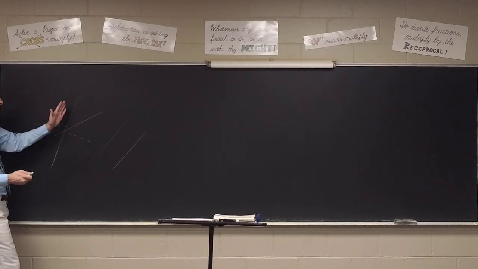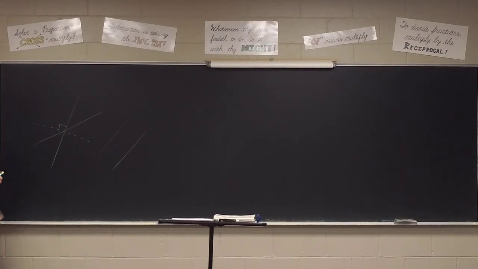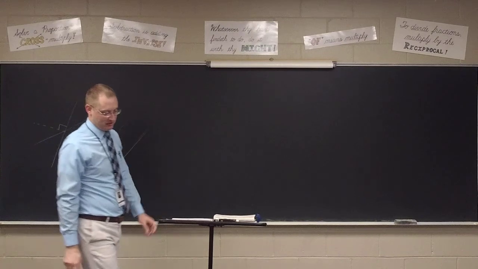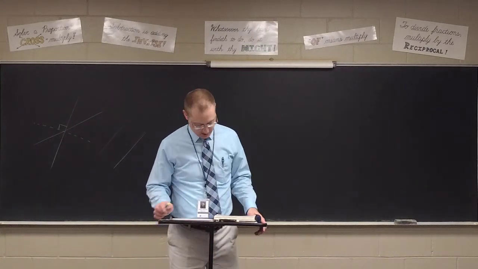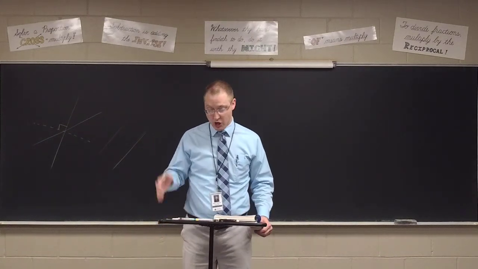Rather, one must be positive, the other must be negative. Not only that, but the rise and run must be at opposite rates. So we said for lines to be perpendicular, class, the slopes have to be two words, negative reciprocals. Negative reciprocals.